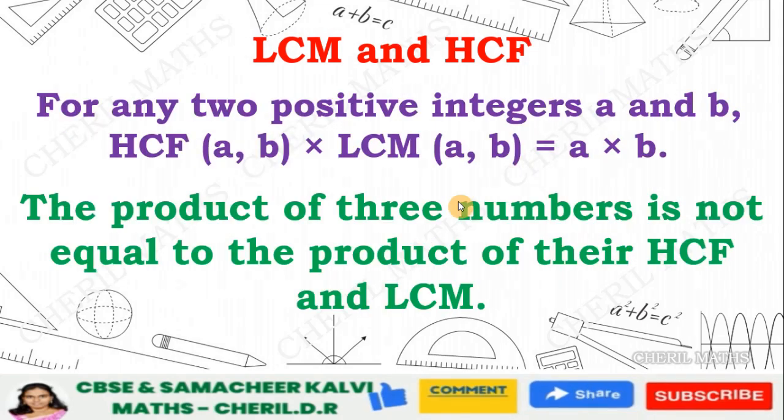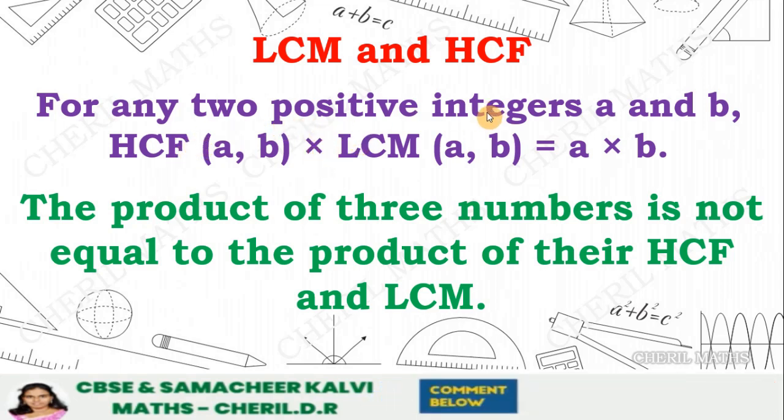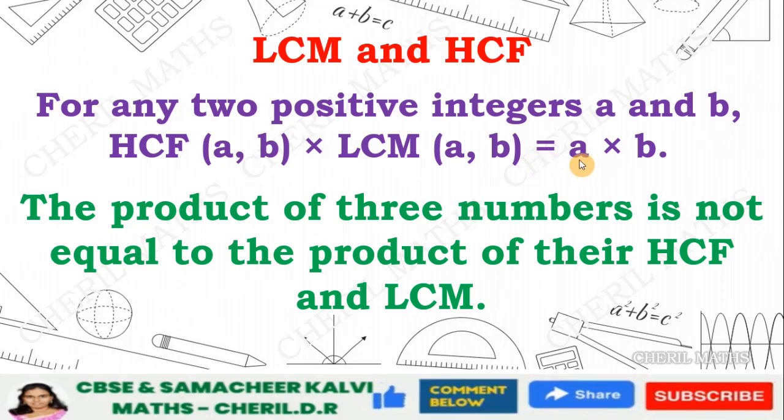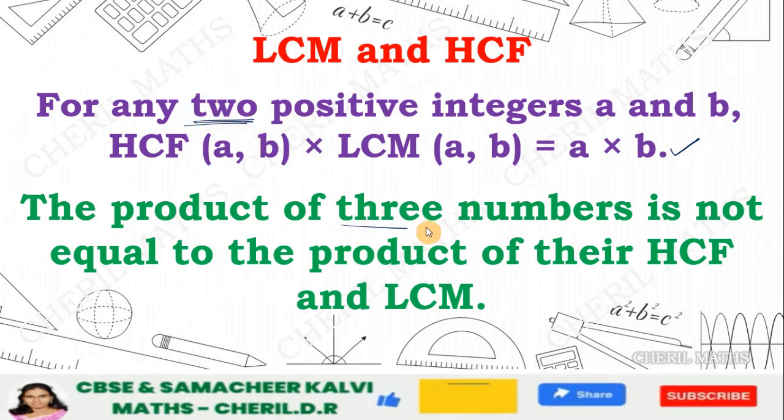One more concept you need to remember: when you multiply the HCF and LCM of two positive integers, it will be equal to the product of those integers. But this will not happen with three numbers.